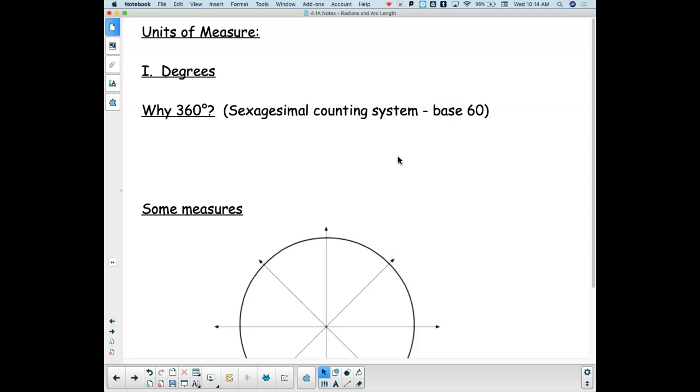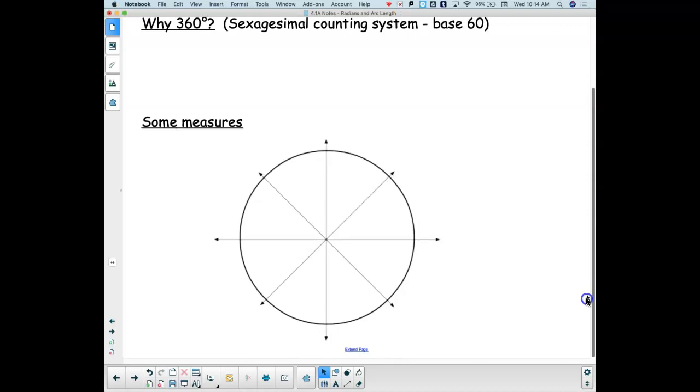Let's talk about a circle just in general and angle measures on it. One thing that you should know in trig, 0 is over here. That's where 0 degrees is at in trig.